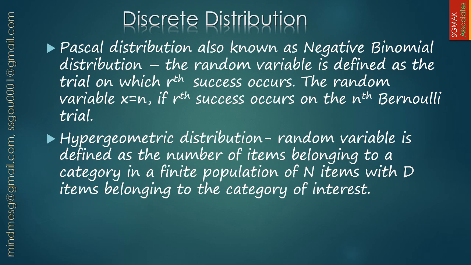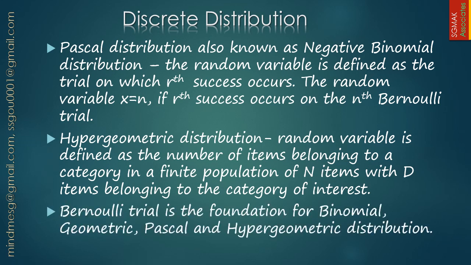So a common example would be you have a box full of objects, and the box has a known number of objects, let's say 100, and you know that there are 10 defective objects in that. Now you draw a random sample and you try to find out how many defectives are in the sample. You can use hypergeometric distribution here. Once again, Bernoulli trial is the foundation for binomial, geometric, Pascal, and hypergeometric distributions.